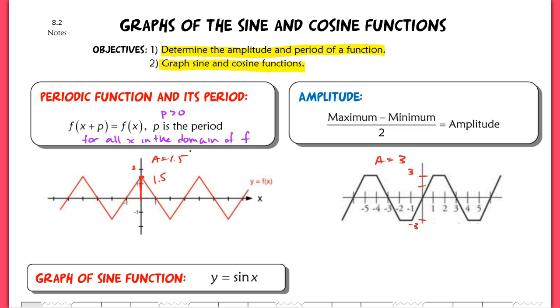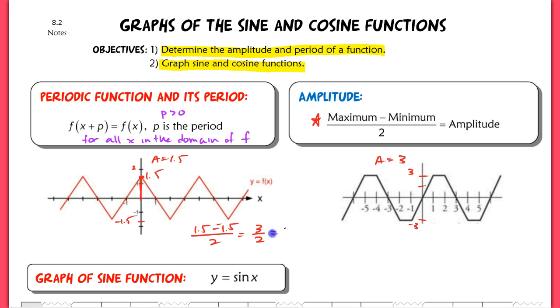But if it's not centered around the horizontal axis, then you're going to want to use this little equation here. It's pretty basic. All you do is take your max value, subtract your minimum value, and divide it by 2. This would be the absolute value of this, because the amplitude is always positive. So it still works in this case here. If this is 1.5 and this is -1.5, if we take 1.5 minus -1.5 and divide that by 2, we end up with positive 3 in the top.